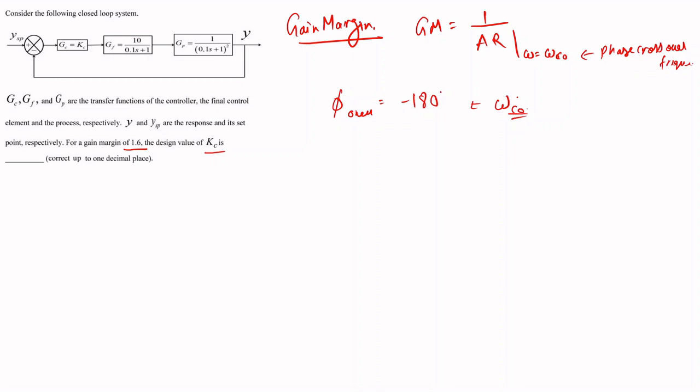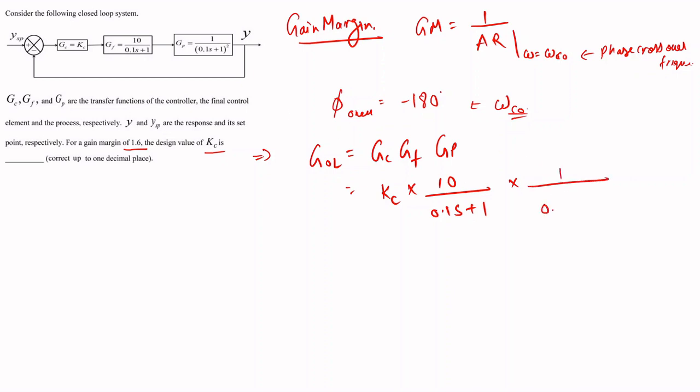So to find the gain margin, first we have to find this crossover frequency. So we will do that. The overall phase lag of this transfer function: let's write the open loop transfer function as G open loop equal to GC GF into GP. GC we have been given as Kc, GF, the transfer function of the final control element, is 10 upon 0.1 S plus 1, and for GP, the process, the transfer function is 1 upon (0.1 S plus 1) whole square.